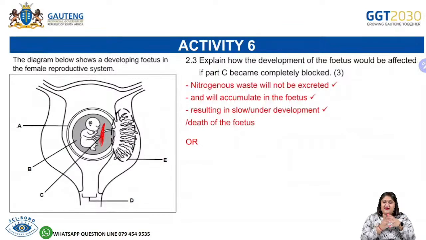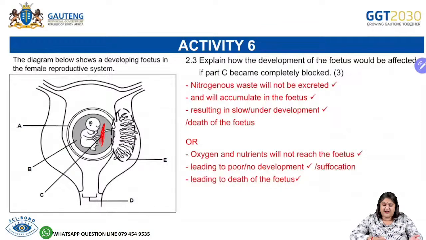It will accumulate in the fetus, resulting in underdevelopment or death of the fetus. Another thing that could happen is that you can either talk about how the nitrogenous waste is going to build up and become toxic, or you can talk about how no oxygen will reach the fetus, which also leads to poor development or death of the fetus.